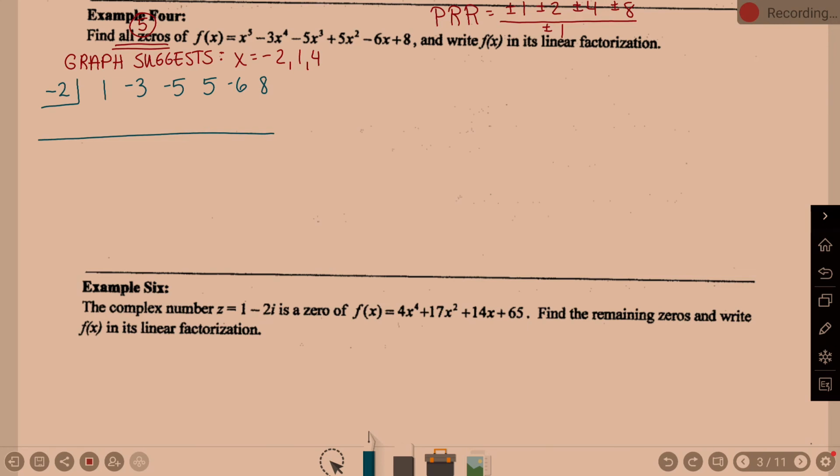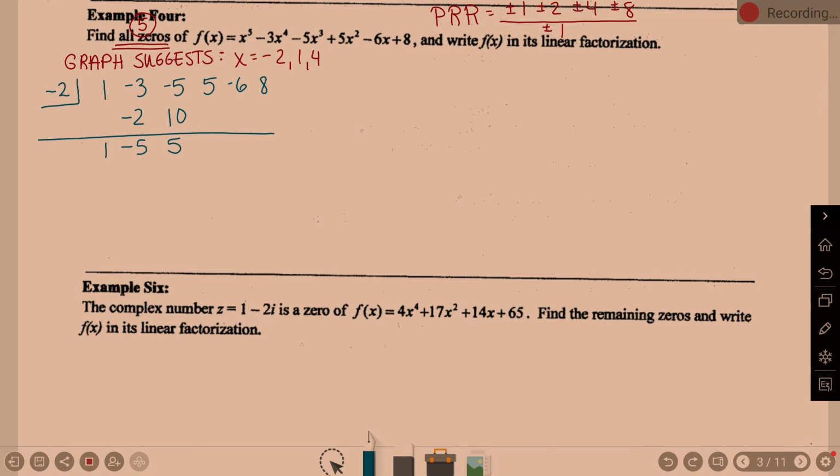Okay. You guys good on synthetic? Drop the 1, -2 times 1, -2. Add, -3 and -2 is -5. Multiply, -2 times -5 is 10. Add, -5 plus 10 is 5.